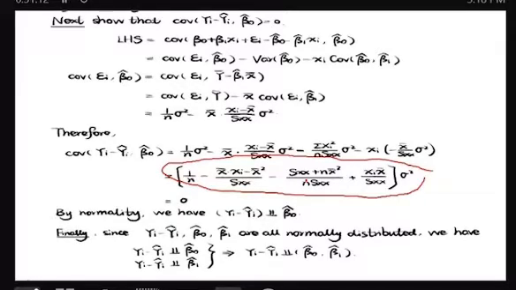Now, by normality, we have the estimate of the error being independent of beta naught cap. Since this guy and that guy are all normally distributed, and this is the first one we proved, this independent of that, this independent of that, then we can say that this is actually independent of that.